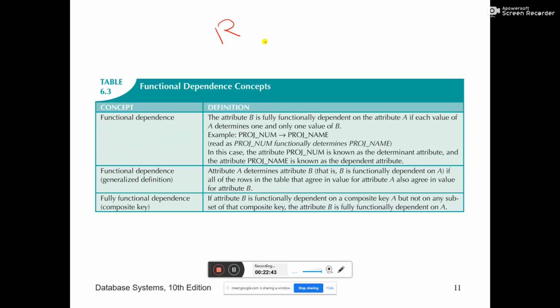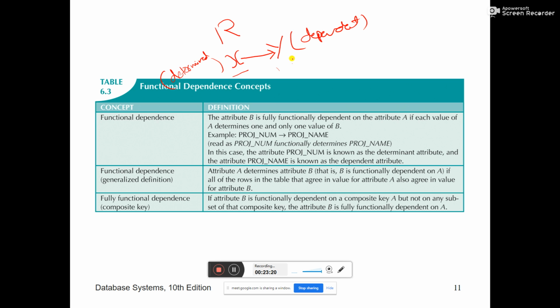For relation R, attribute Y is functionally dependent on attribute X. Now X is called the determinant and Y is the dependent.